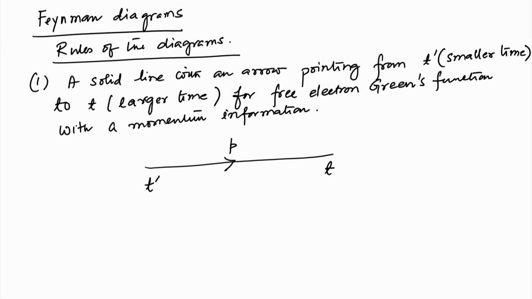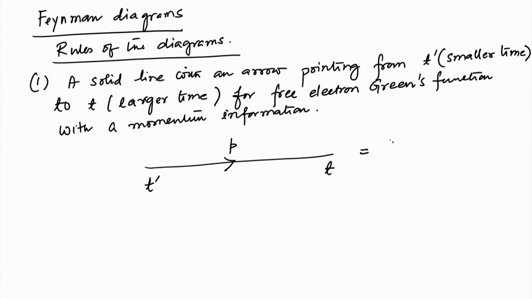So, the free electron Green's function propagates the free system from a smaller time t prime to a larger time t and corresponding to a given momentum p. So, this is written as G 0 p, t minus t prime. This is the notation for the electron Green's function.